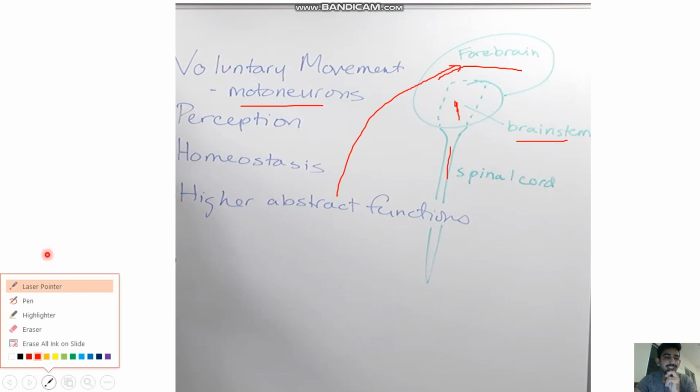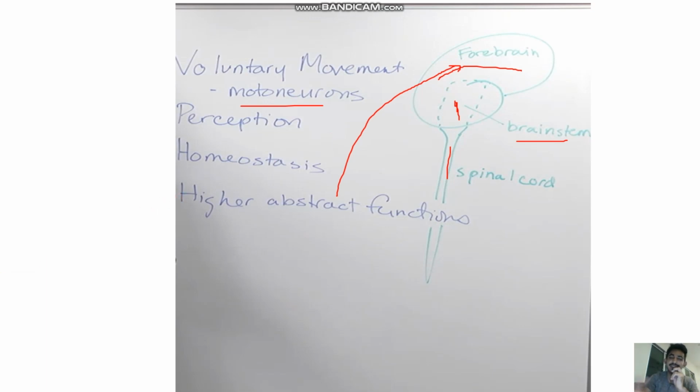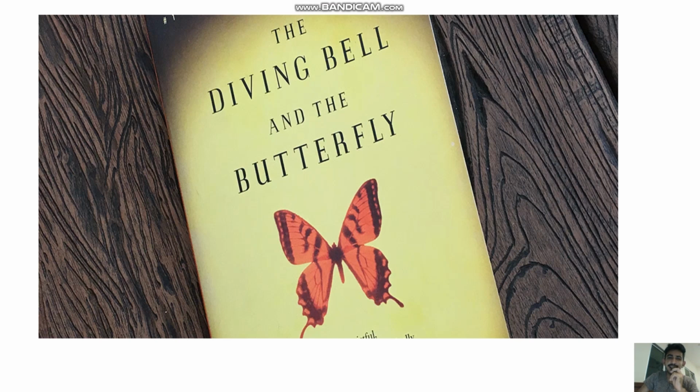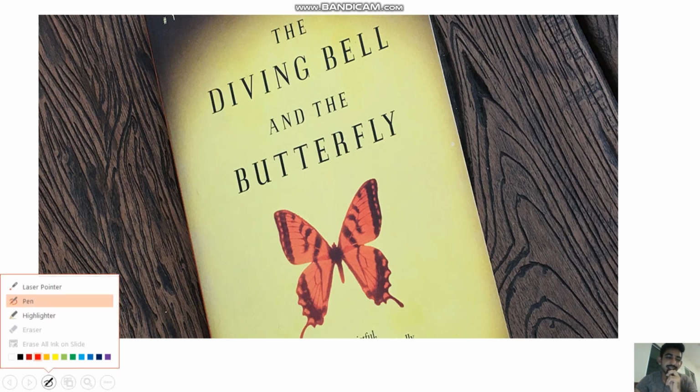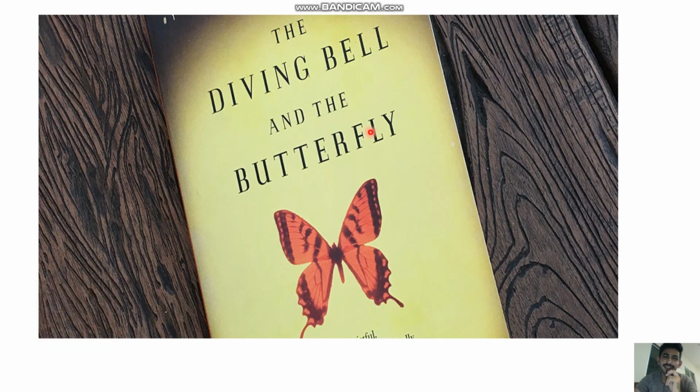A couple of weeks ago, I was reading a book known as The Diving Bell and the Butterfly, written by Bobby, the editor of a fashion magazine. He had a brain stroke, and he was diagnosed with locked-in syndrome. You know what happens in locked-in syndrome?